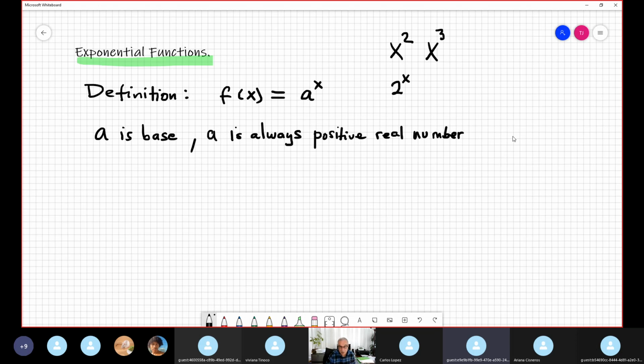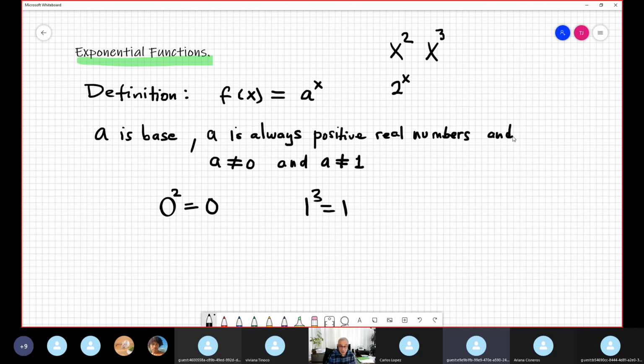And two illegal values, or not illegal, trivial, it's not important, are a equals 0 and a equals 1. It's trivial, it's stupid, because 0 to any power is 0, no? And 1 to any power is 1.